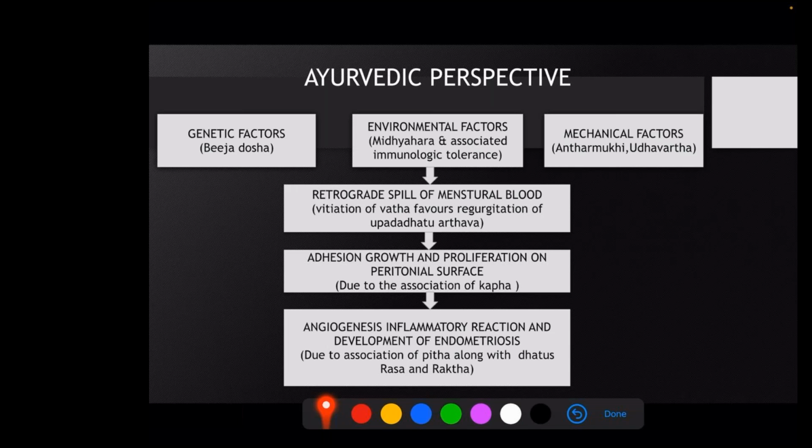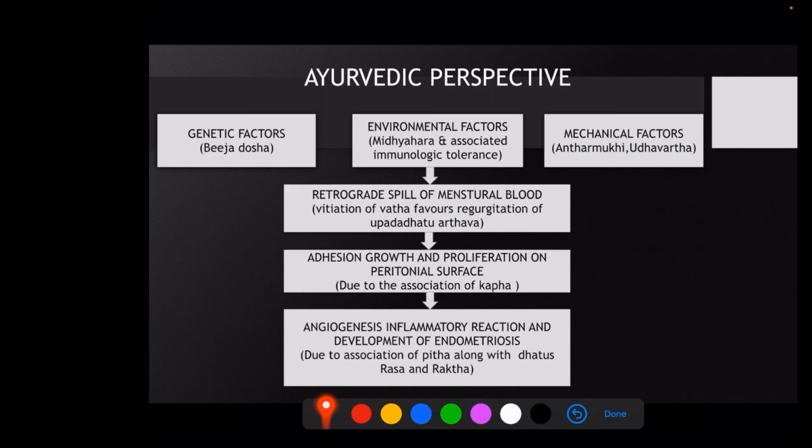Andarmukhi Yoni Vyapat closely resembles retroversion. Due to the involvement of Vata, retroversion favors Vimarga Gamana, Srotodushti and retrograde menstruation.